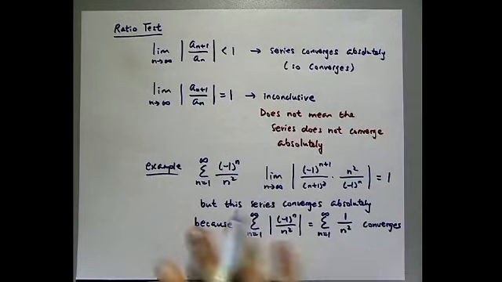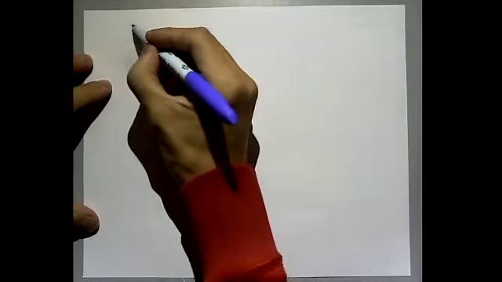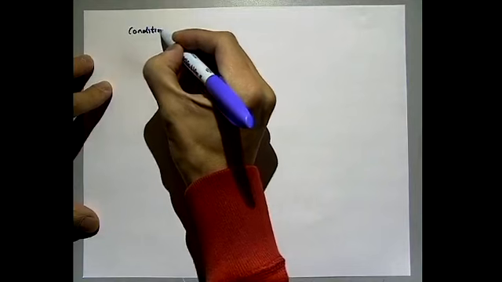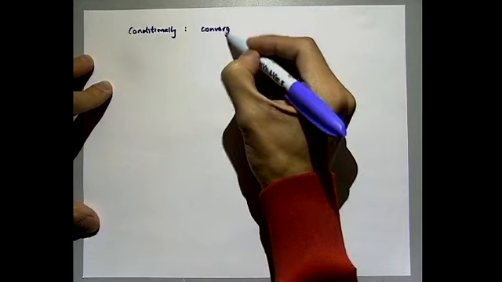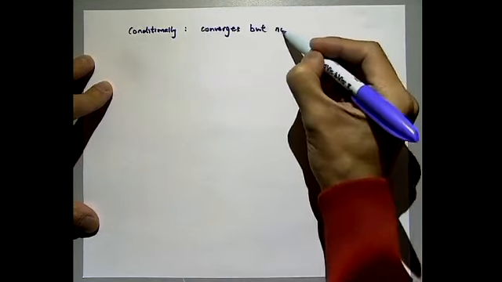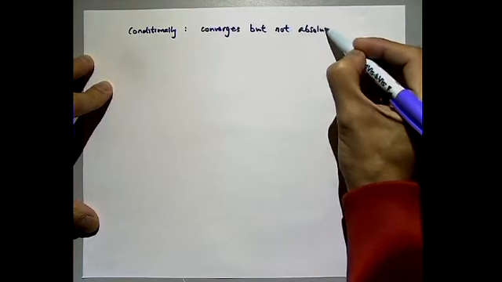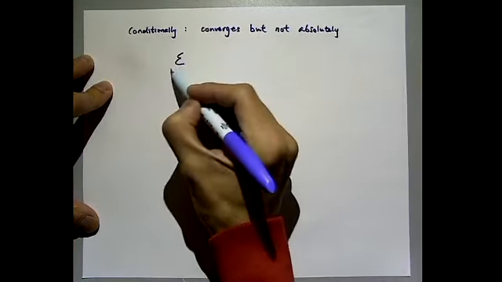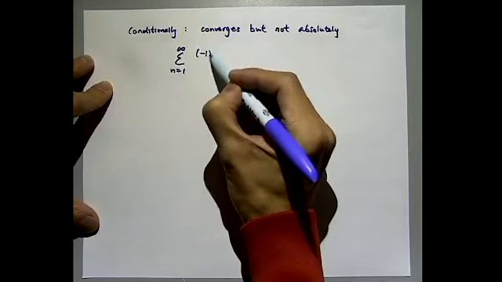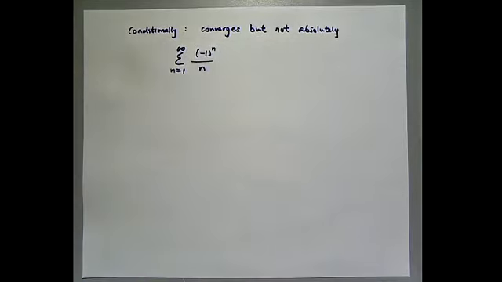Conditionally. Okay, so that's a good question, and I have an example to answer that. Conditionally means it converges, but not absolutely. And here's a perfect example of that. Right? This thing converges. We know that.